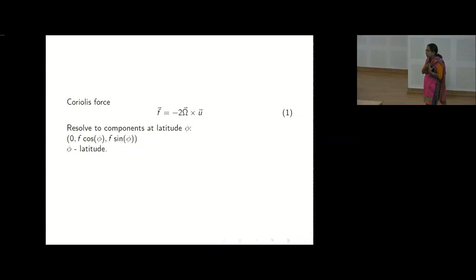That is also called the zonal direction, and the y direction is the north-south direction, which is the meridional direction, and the z direction is the vertical. Okay? So at each latitude you can resolve this f into components. Along the x direction it's 0, the other components are finite.